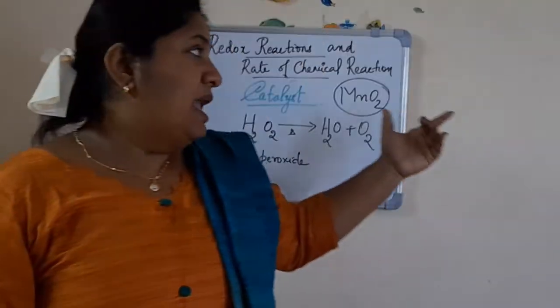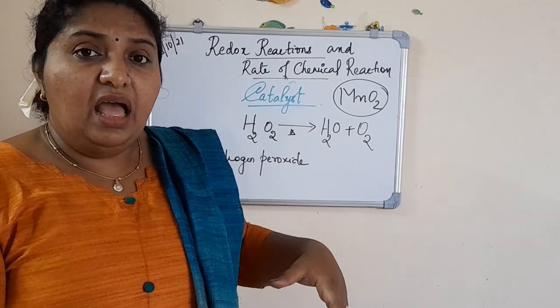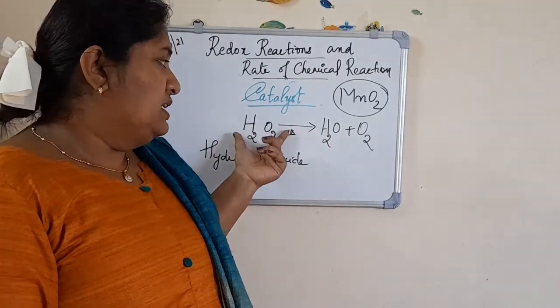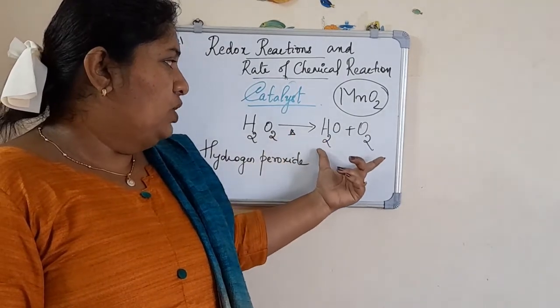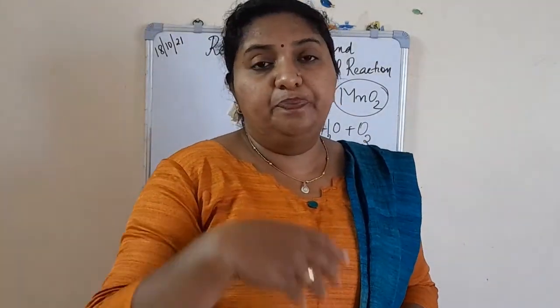After adding this manganese dioxide, what I could observe is that the hydrogen peroxide decomposed to water and oxygen, and this caused the incense stick to burn more brightly.